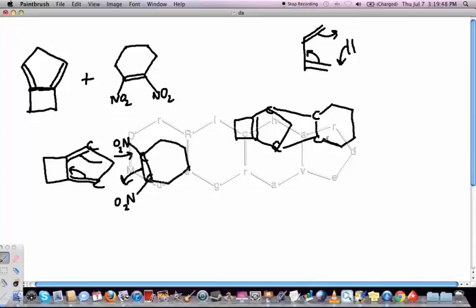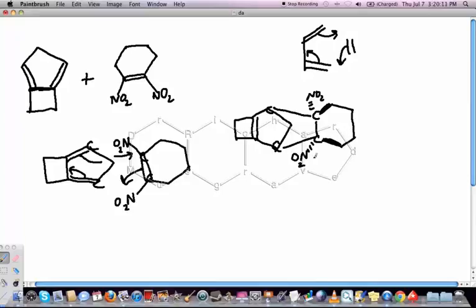And again I'll show stereochemistry on the C's from the dienophile. And this, I guess, would be exo that I'm drawing here. Of course, you could draw endo as well, but this is what the 2D diagram would look like.